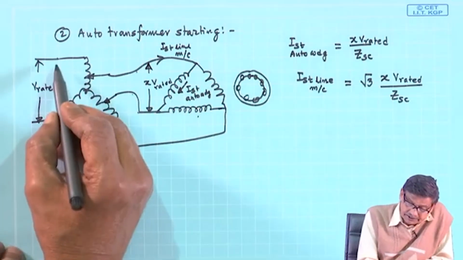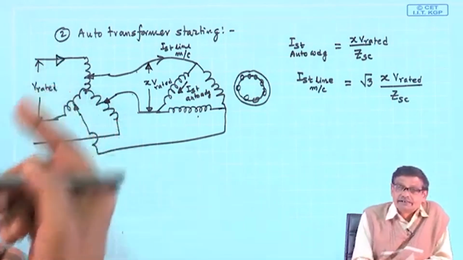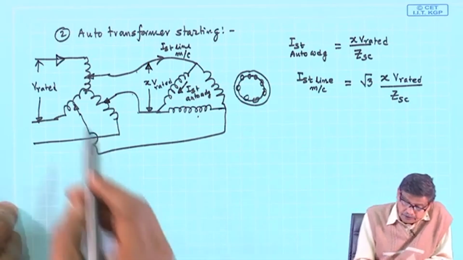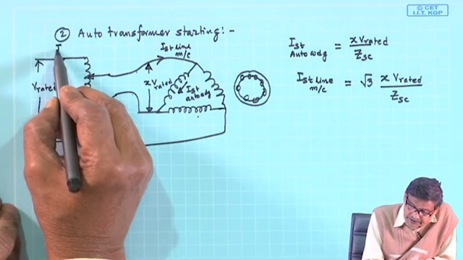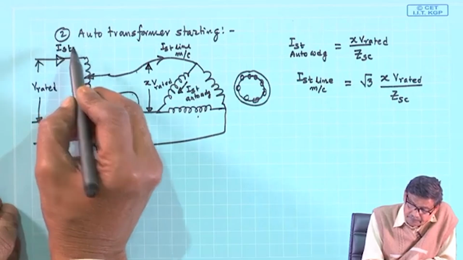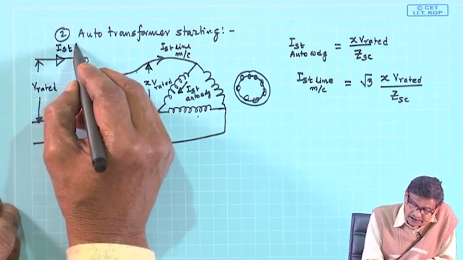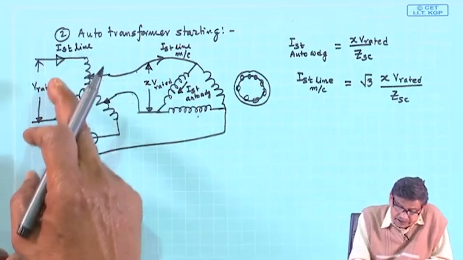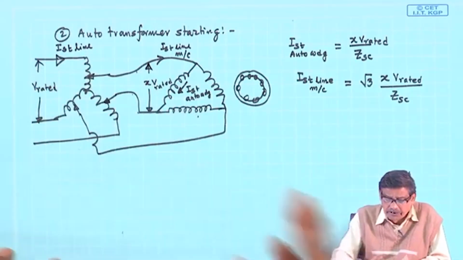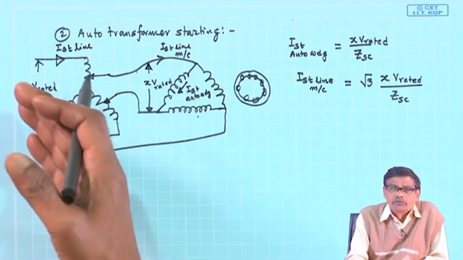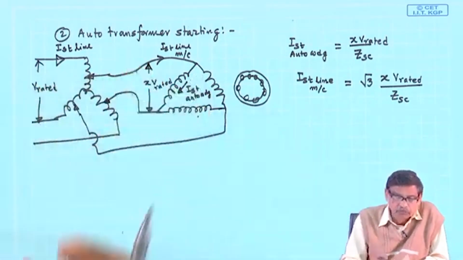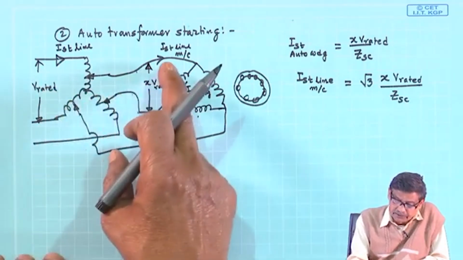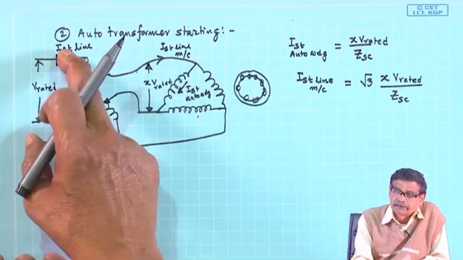Now, but the point is this current we are interested in. What is the current actually drawn from this 3-phase source? So, this I will write I starting line, supply line, it is this current. To calculate this current in a transformer, you know, the input volt ampere is equal to output volt ampere. Equate it, and you can relate this current with this current.